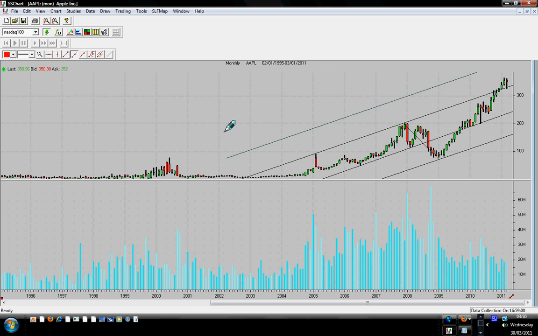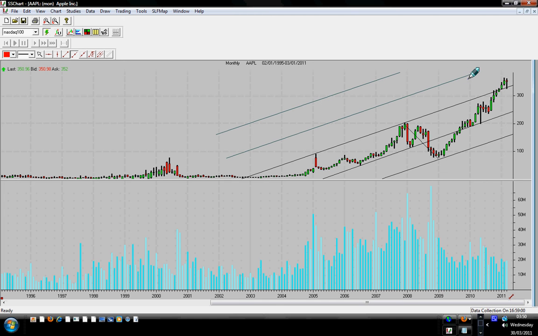Now we have our channel again here. Bear with me please. That's it. As you can see, I projected the previous channel to the other side. So I have this line on my chart, I don't have to remove it.